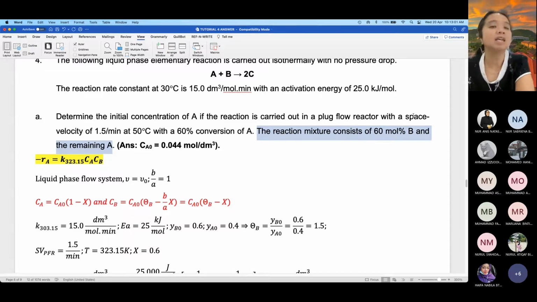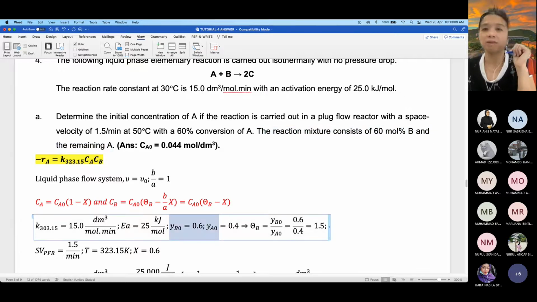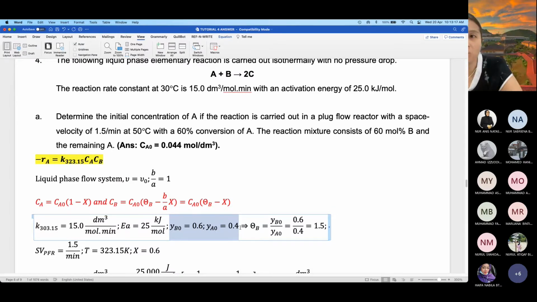So dia beri kita initial mole fraction of B 0.6. So YB0 0.6 automatically of course lah YA0 0.4. Okay, so that's the information that they give. Macam mana kita nak guna information tu, kita tunggu dulu sebab kita tak tahu macam mana dia akan digunakan. Okay, so that's all that you have so far.